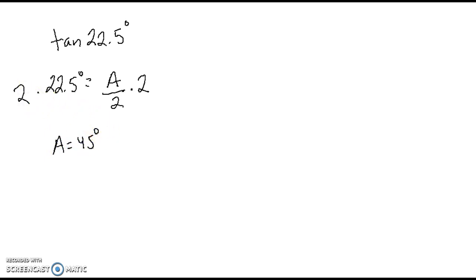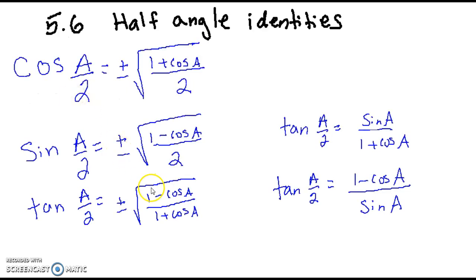Now, remember I said that there are 3 different ways that I can solve for the tangent of 22.5. I can either know that it's positive and then use 1 minus the cosine divided by 1 plus the cosine and then take the square root, or what I can do is not worry about the square root and work with these numbers. So that's exactly what I'm going to do.